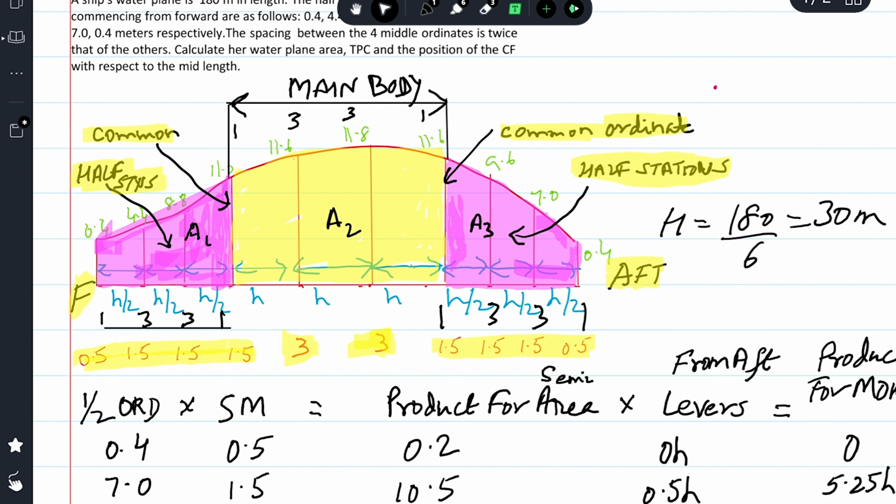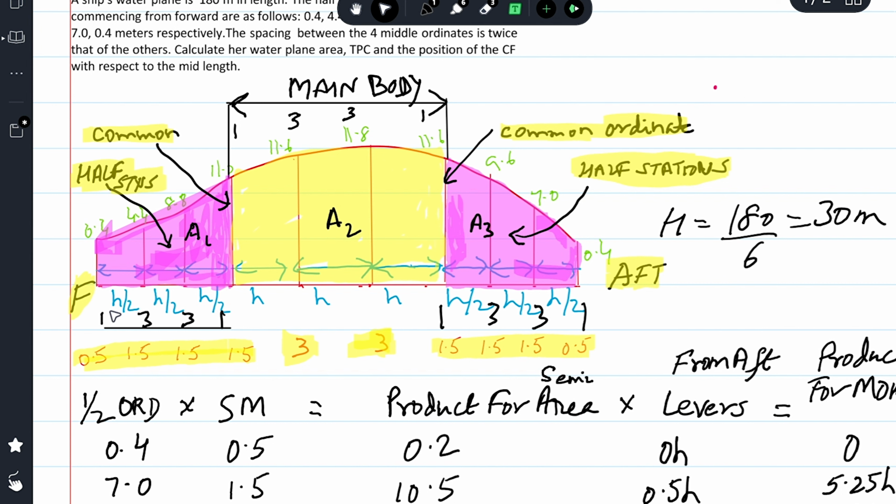So confirming that if I do all these 3 areas separately, the same rule I can apply in all the 3 areas. In that case, I can combine them and do it at one shot only. As I have explained in my previous video, how you combine these where the interval is half and where the interval is full.